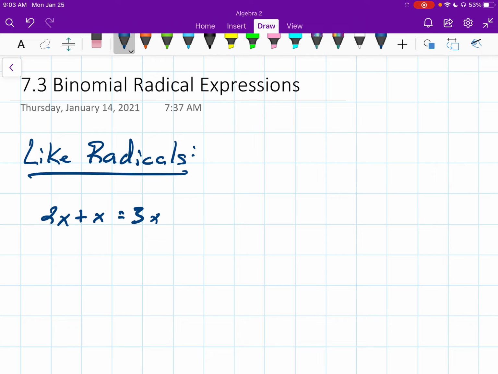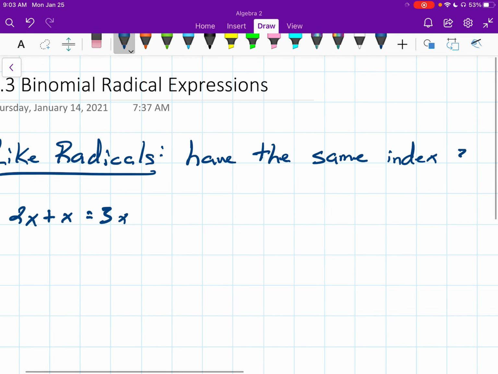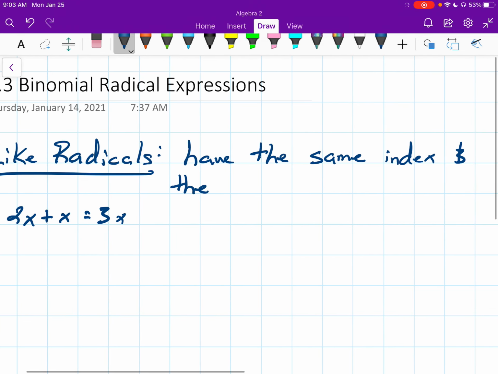So like radicals have the same index. That means they're both the square root or they're both the cubed root, and the same number under the root.